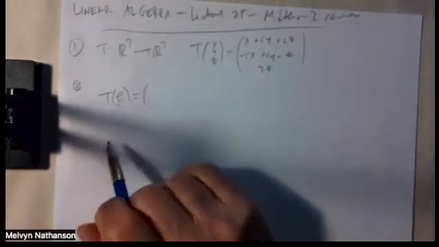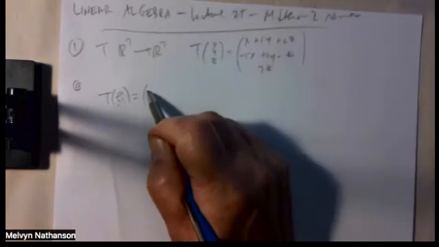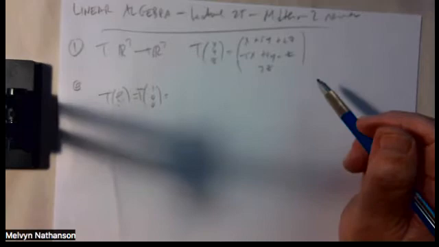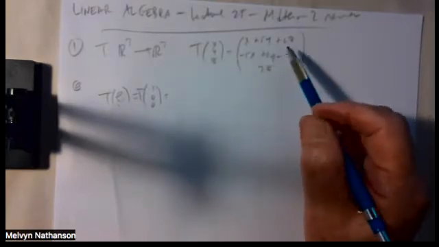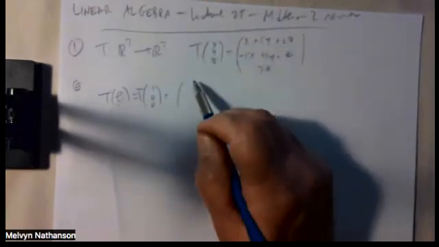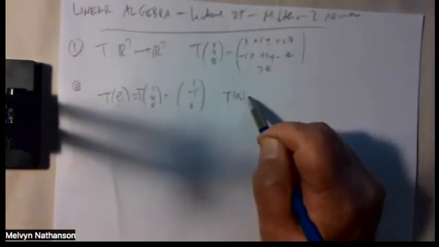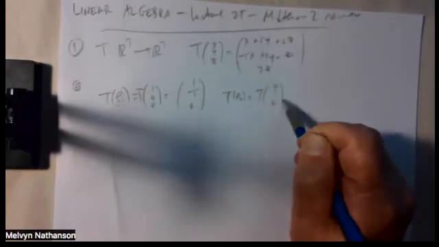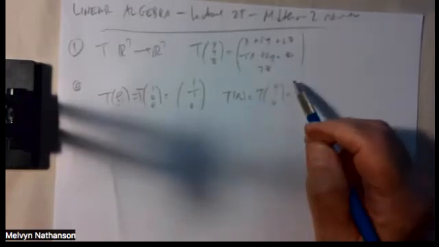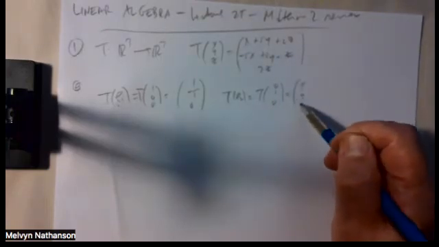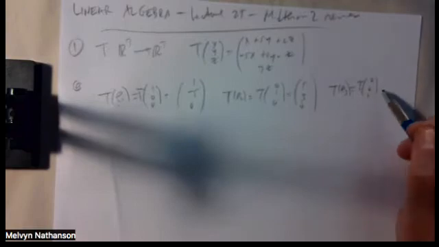So T of E1 is T of 1, 0, 0, right? That's what the vector E1 is for the standard basis. So when x is 1 and y and z are 0, you get 1, minus 5, 0. T of E2, which is T of the vector 0, 1, 0. When x and z are 0 and y is 1, you get 5, 3, 0. And T of E3, which is the vector 0, 0, 1.